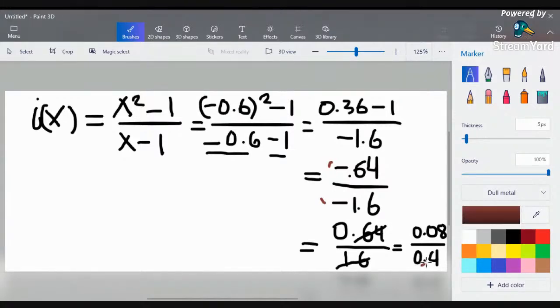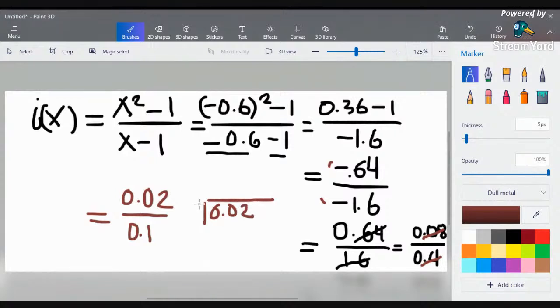Actually, it can still be reduced. Divide both by 4, so that can be 0.04 over 0.1. Okay, 0.04 divided by 0.1. Let's just solve directly. Move 1 decimal place to the right, and move 1 decimal place to the right. So the final answer will be 0.4.